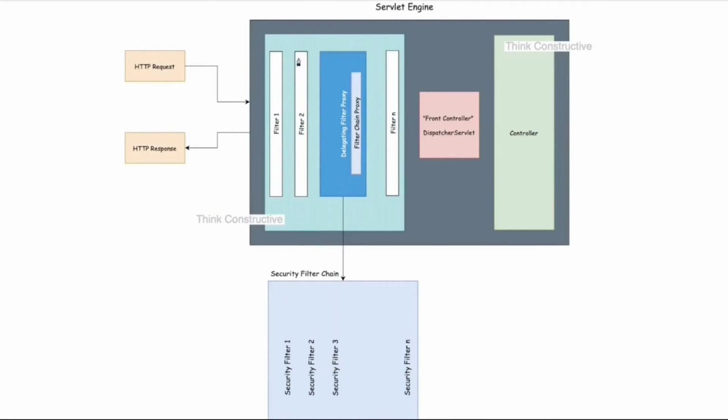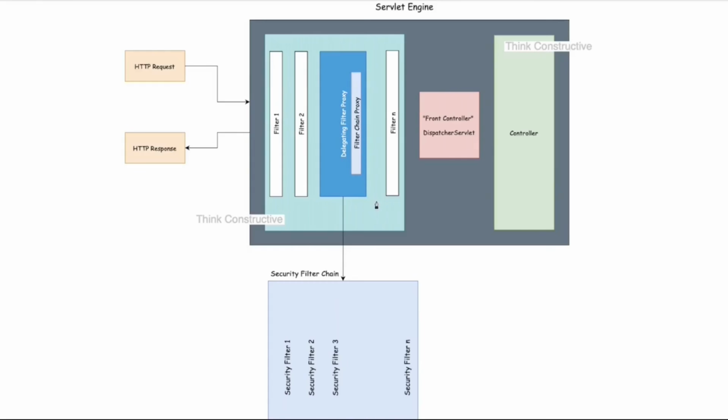Alright, so now let us talk about our security filter. Obviously if any GET request is coming from some user XYZ, before reaching the actual controller, we would want that request to be checked whether it is authenticated or not, whether it is authorized or not. So that part is also taken care of at the filter level.